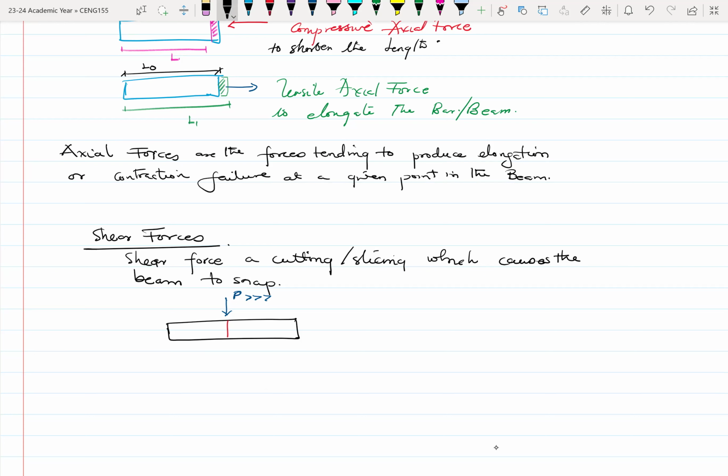So in effect, you end up with a situation like this. Let me just draw this on the side. This end here, there has been a slicing behavior.